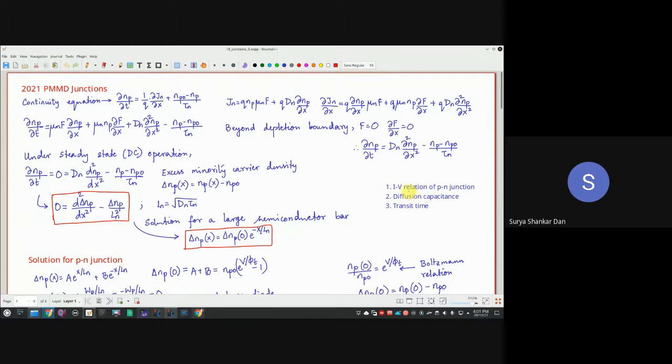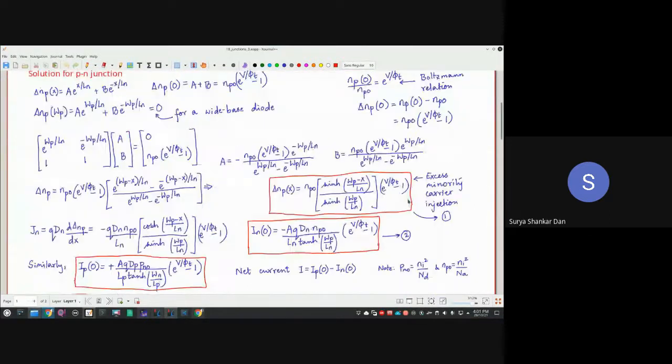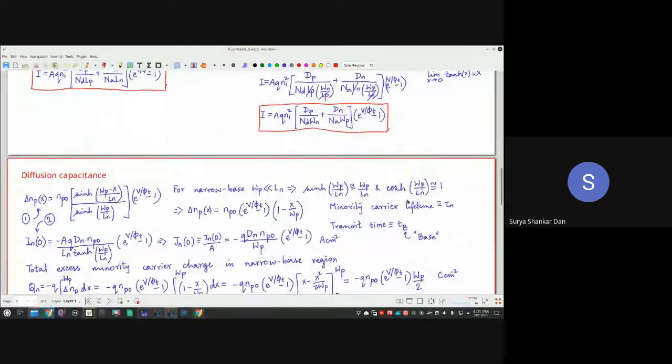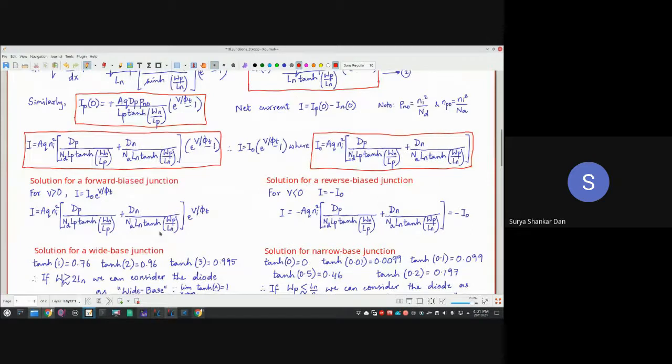Remember, as I told you in the morning, depletion capacitance is available for both AC as well as DC, whereas diffusion capacitance is for AC only, that is, high frequency usually.